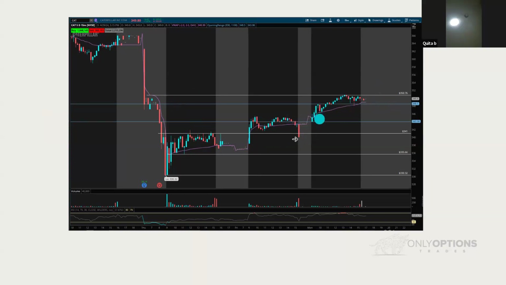If it was breaking, you could have sold here because you're next to your level, and that would be useful in a specific case. But this was a nice price action that Cat had today.